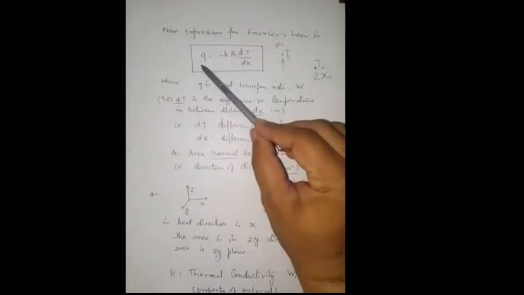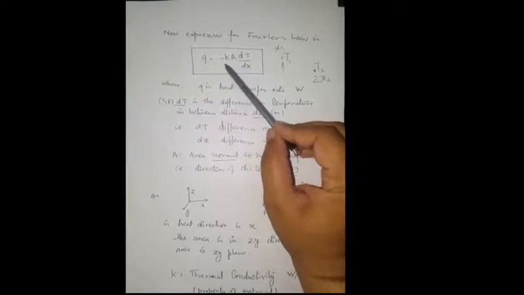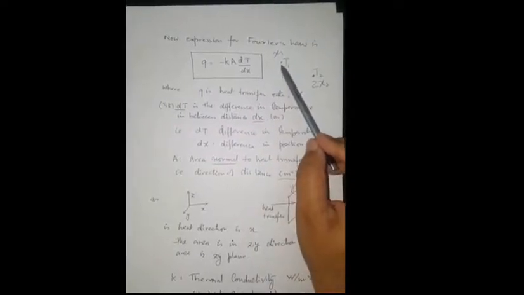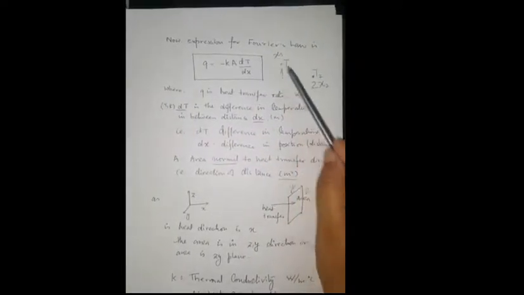This is the expression for Fourier's law, where Q is the heat transfer rate, K is the thermal conductivity, A is the area, and dT by dx is the temperature gradient. As I explained, T1 is the temperature at point x1, and T2 is the temperature at point x2.